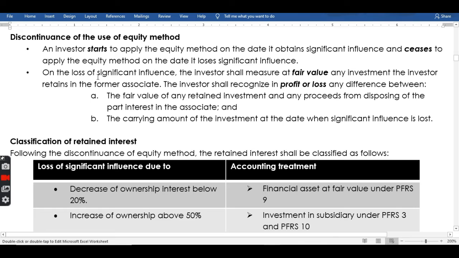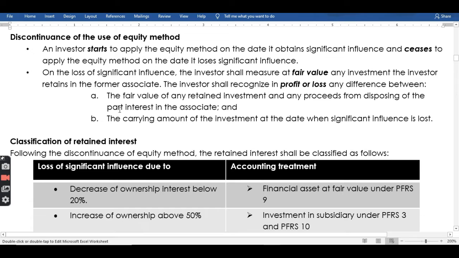Next, so kapag nagkaroon naman ng loss of significant influence, the investor shall measure at fair value any investment the investor retains in the former associate, okay? So i-measure mo at fair value. Tapos the difference will be recognized in profit or loss, parang gain or loss on reclassification lang yan. And then the fair value of any retained investment and any proceeds from disposing of the part interest of the associate, okay, sa P&L yun, pati yung carrying amount of the investment at the date when significant influence is lost.